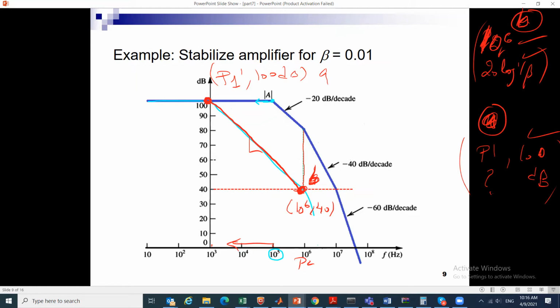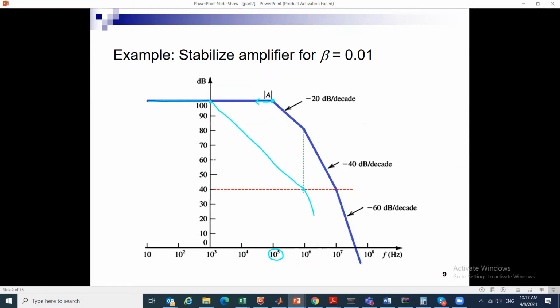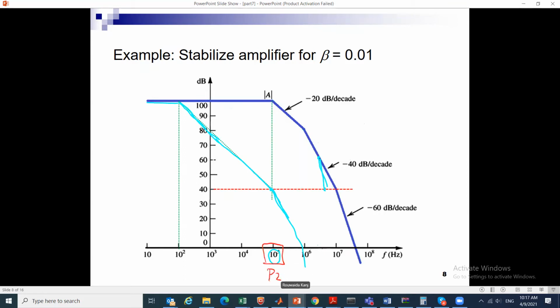Okay, so we have two methods. These two methods either add a new pole, okay, and in that scenario my old P1 becomes P2 prime, and this is P1 prime, and this is 20 log beta or the 40 dB, and this is the low frequency gain.